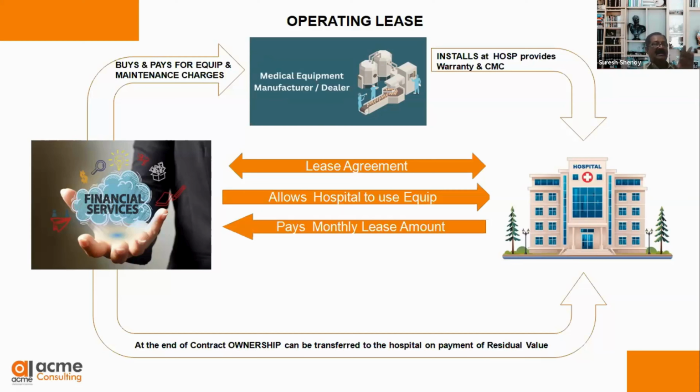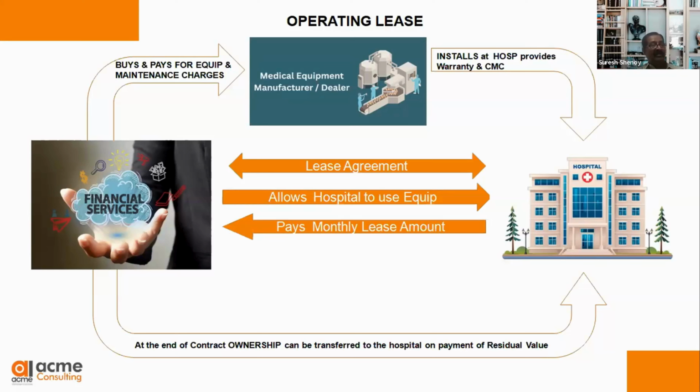Once the payment is done, the equipment supplier will install the equipments at the hospital, and he will take care of the maintenance and training and all sorts of things, calibration, etc. And as per the agreed contract, the hospital will pay an agreed monthly lease amount to the financial services company. So this is the way.